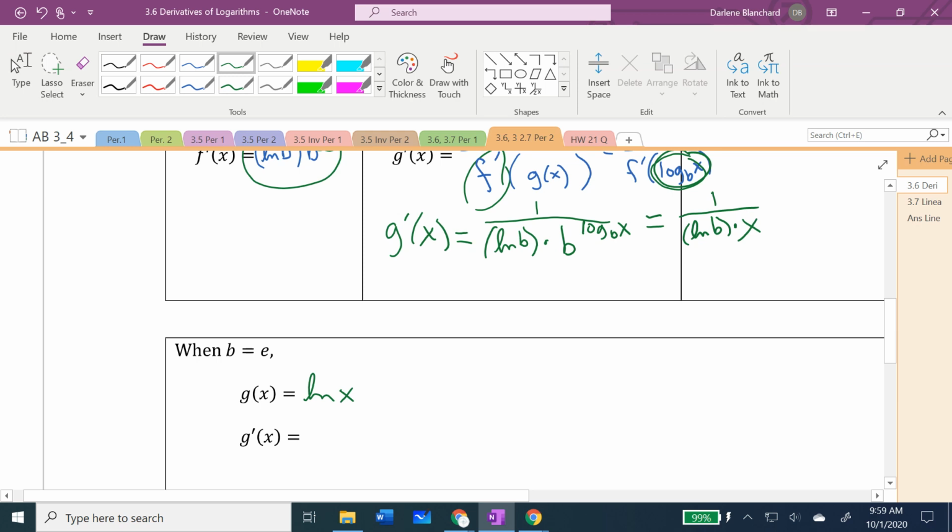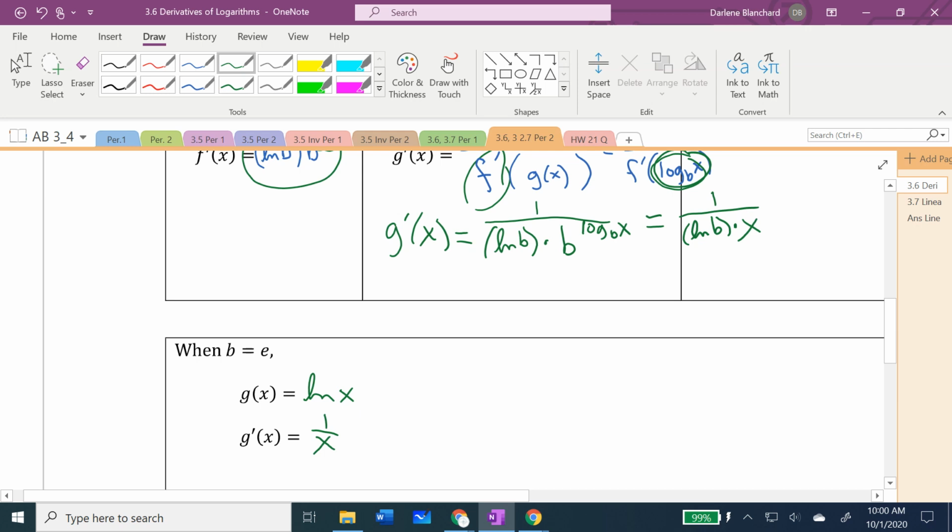When the base is e, what does that make the derivative? 1 over x, just plain 1 over x.